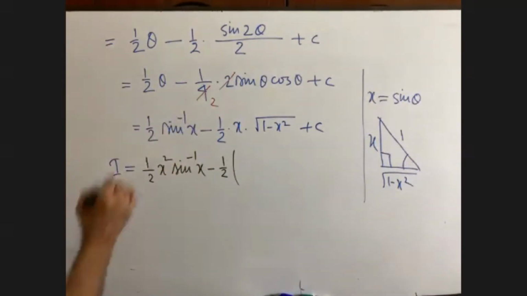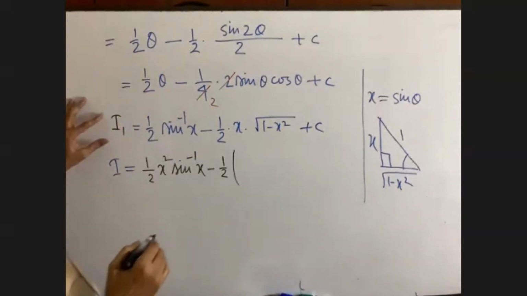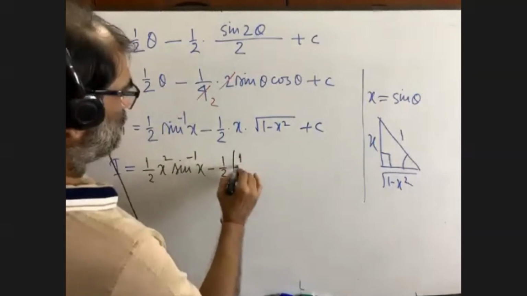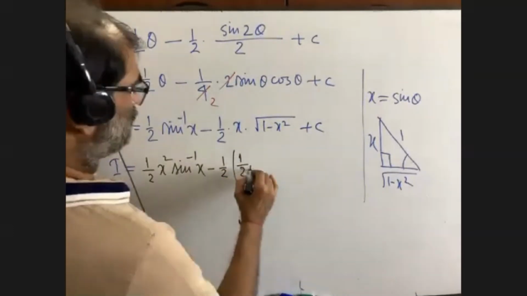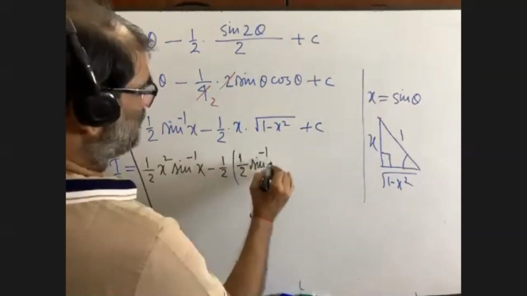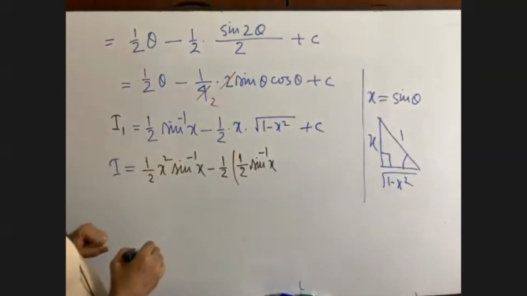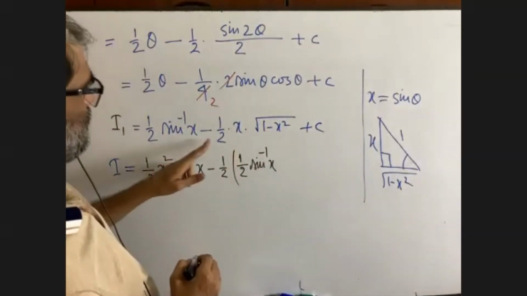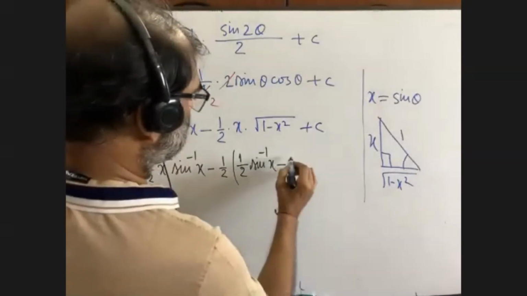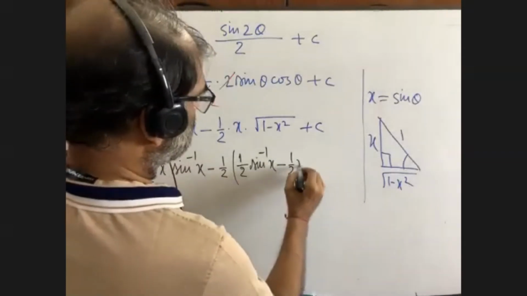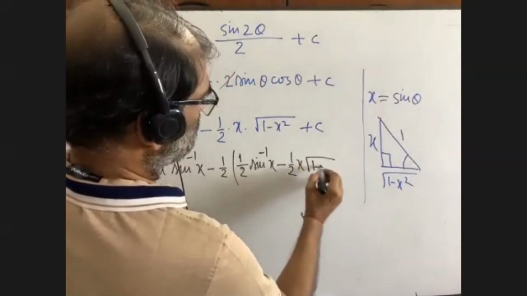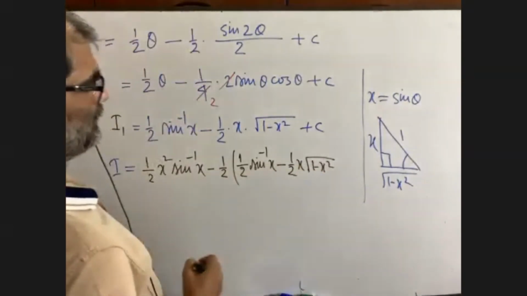This is the I1. So what is the value of I1? You see, it is half sine inverse x. Okay. Then it is another minus half x root over 1 minus x square.